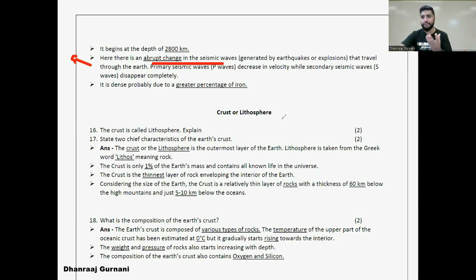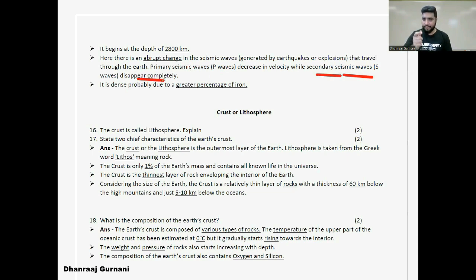These seismic waves which an earthquake or an explosion gives, there is a change in these waves. P waves, as the name says, primary waves decrease in speed, that is velocity, whereas S waves, that is secondary seismic waves, will completely disappear.